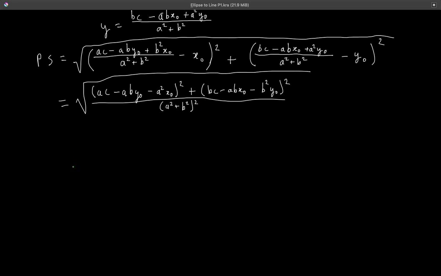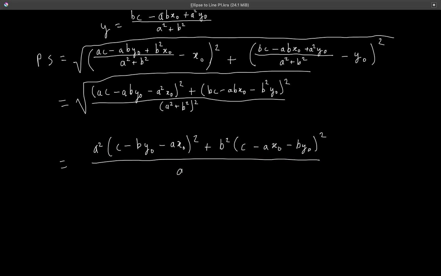So if we do that, I'm going to write the numerator first: a squared times c minus by0 minus ax0, squared, plus b squared times c minus ax0 minus by0, squared, divided by a squared plus b squared, and there's still a square root up here.